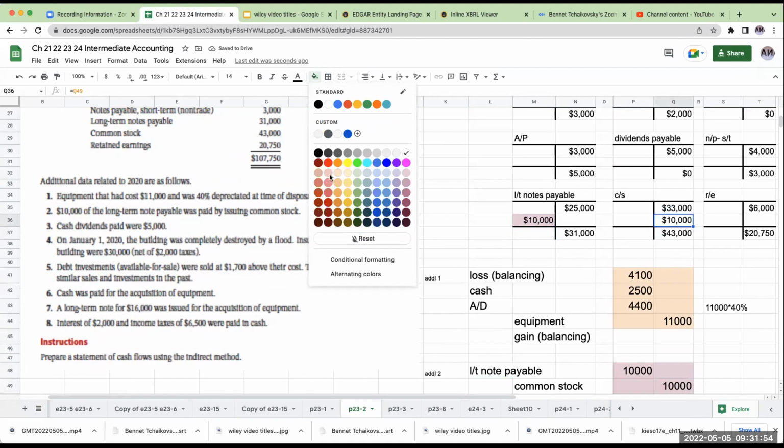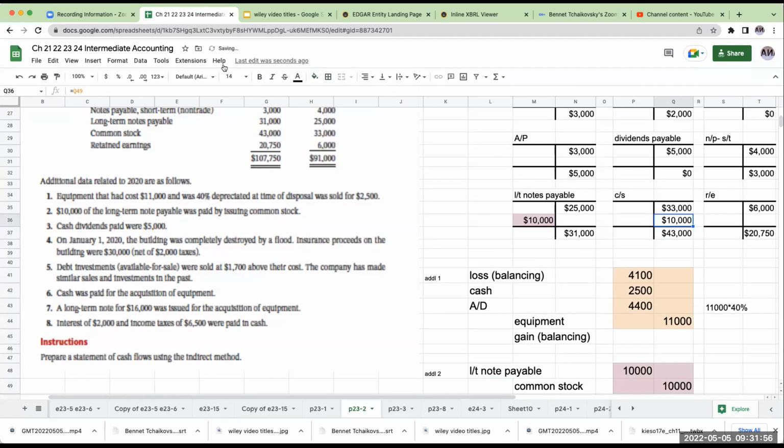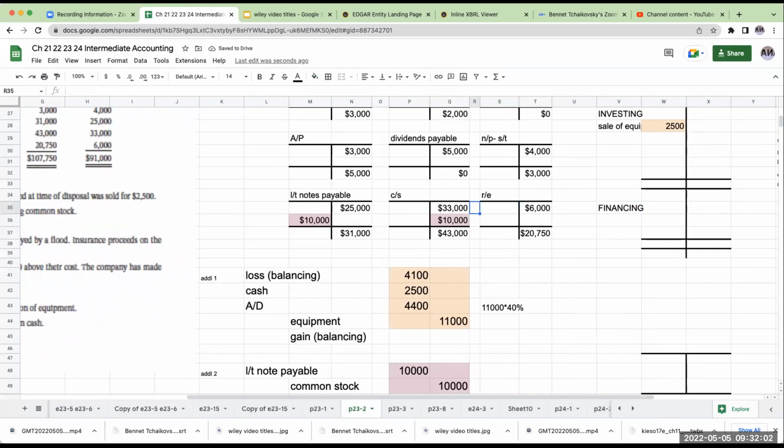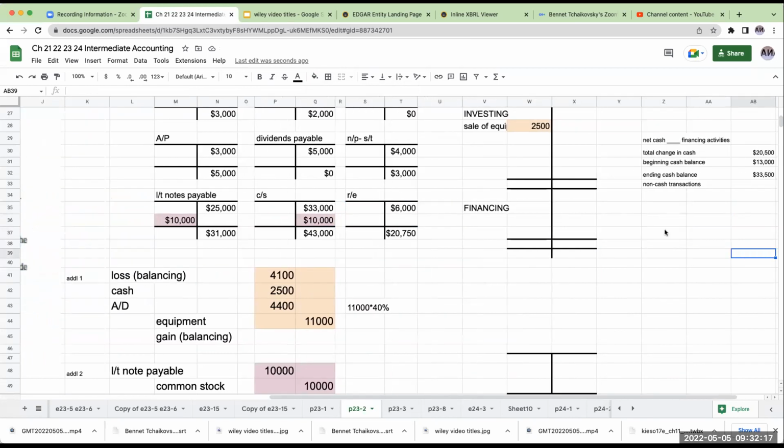The important thing about this transaction is normally, if we were just analyzing the T account as we would be doing at the end, I could say, oh, I got 10,000 of common stock, so I'm going to do the opposite to cash. I'm going to debit, say, proceeds from common stock, and then I pay down a note payable. But the problem with that is that this involves no cash. So this is something we call a non-cash transaction.